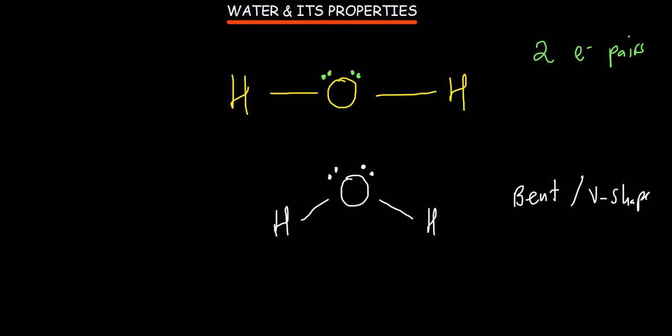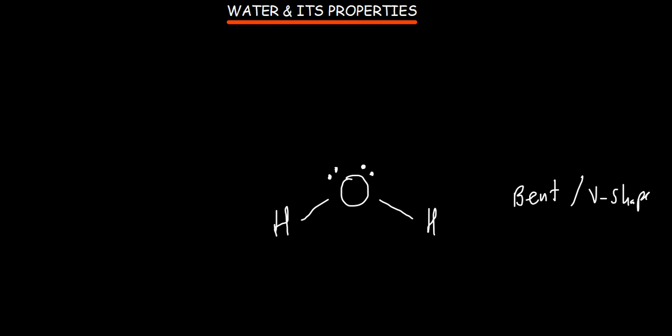Okay. Now another thing that we need to understand about this shape is what we call dipole moments. When you check the periodic table, something like this, you are going to have an element fluorine at this point of the periodic table. So fluorine is the most electronegative atom on the periodic table.